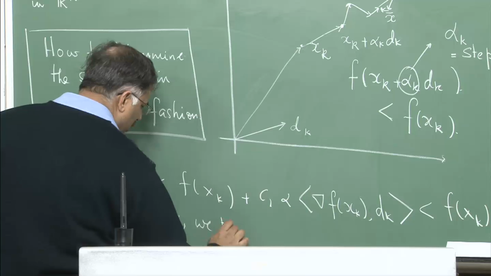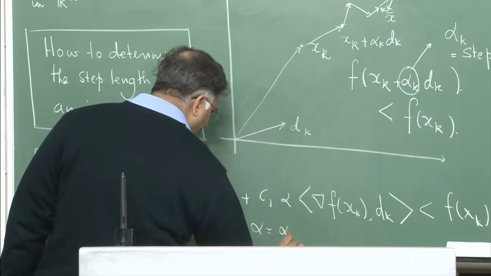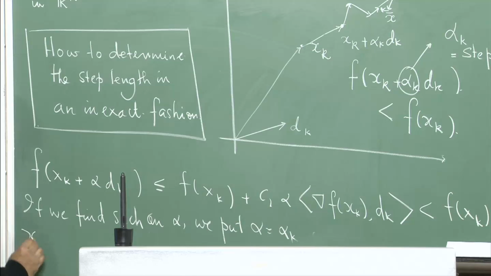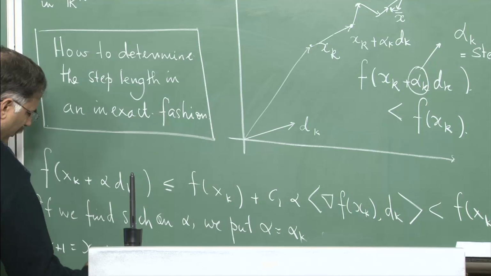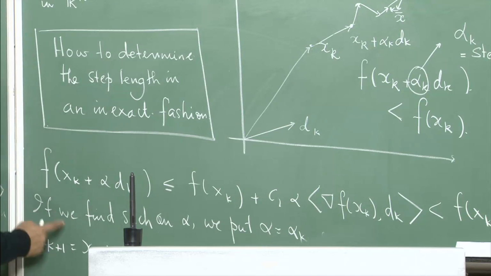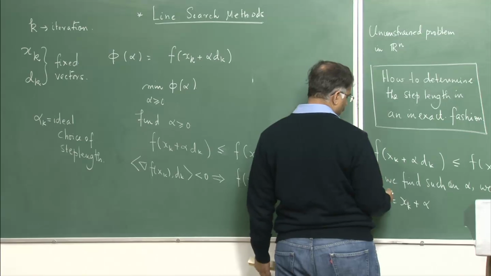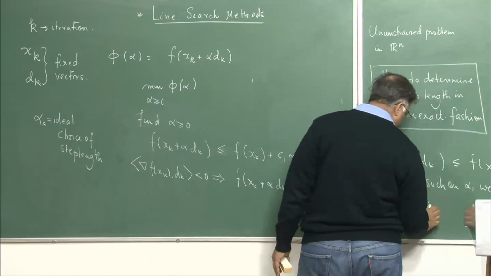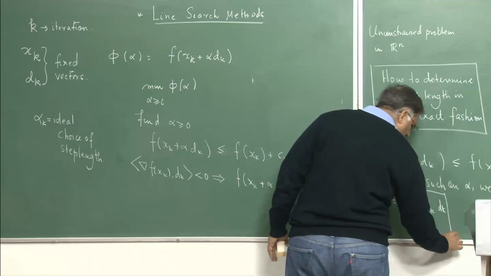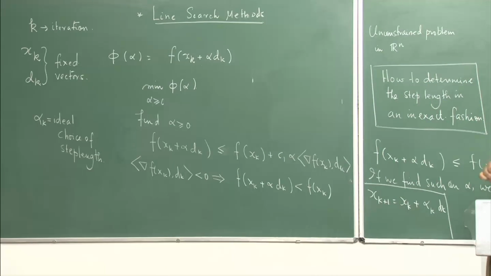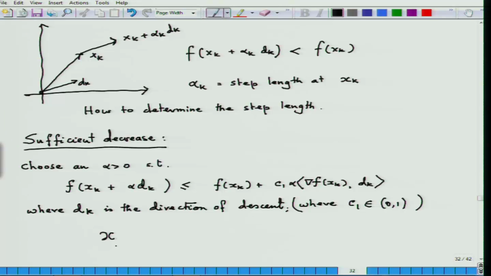we put alpha equal to alpha k, and we can now put x k plus 1 equal to x k plus alpha k dk. That is the k plus 1th iteration value, the k plus 1th chosen point; it could be a solution, or it could not be a solution. So, if you can find such an alpha, then we put x of k plus 1 as x k plus alpha times dk.